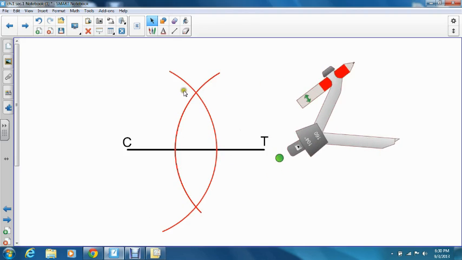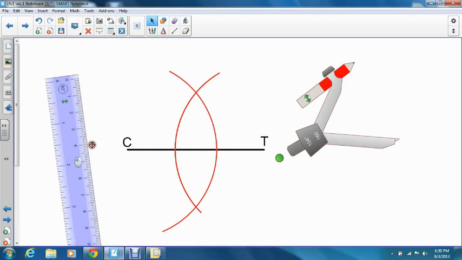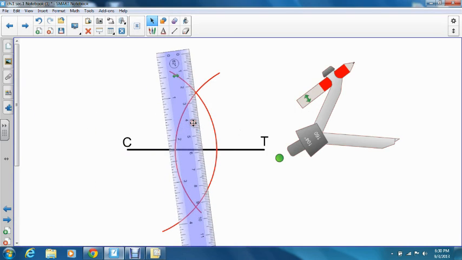Now, those two arcs should intersect. One should intersect above your segment, one should intersect below your segment. You have to have both intersection points to receive full credit. If you only have it intersecting once, you don't necessarily have your ruler going straight down, and you might not find the midpoint. Let me get out a straight edge here, for example. Let's say I only had the first point, I might use my straight edge like this, but that's not in the middle.